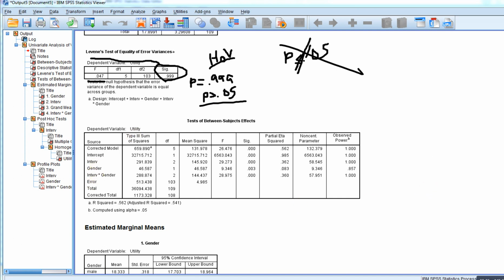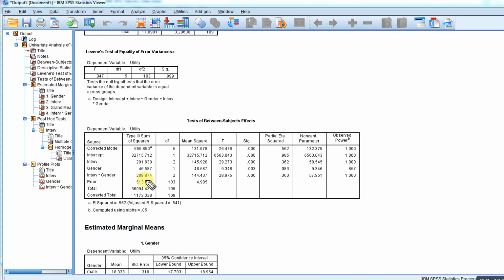So moving down, you can see that we now have three effects. We have intervention, gender, and then the intervention by gender interaction effect. For each of these effects you have sums of squares associated with them. You also have degrees of freedom associated with each of those effects.